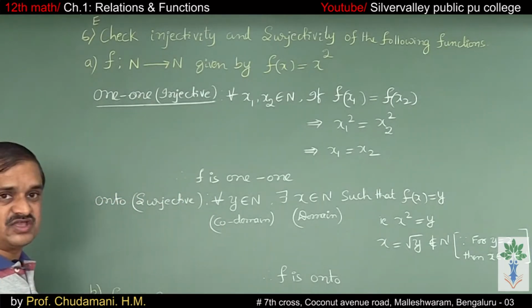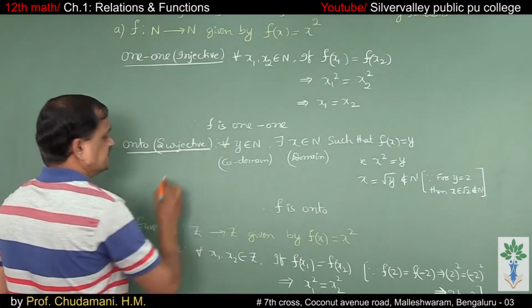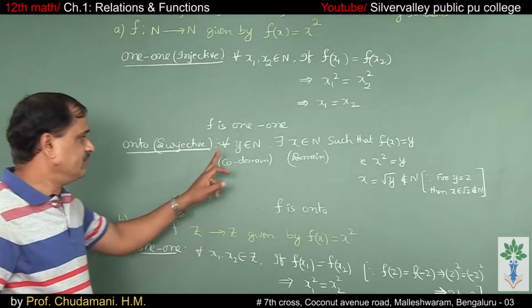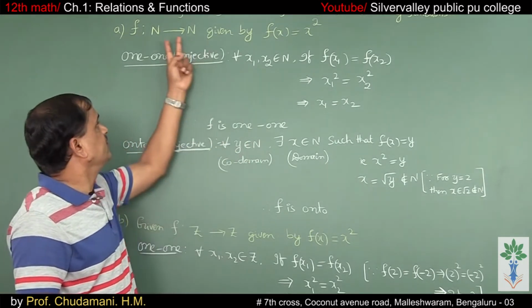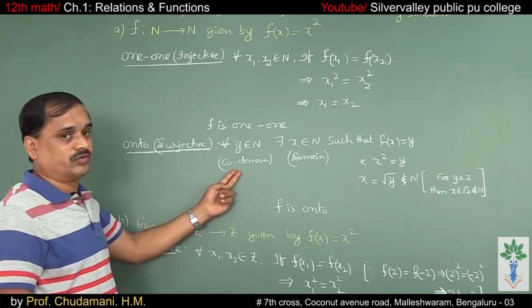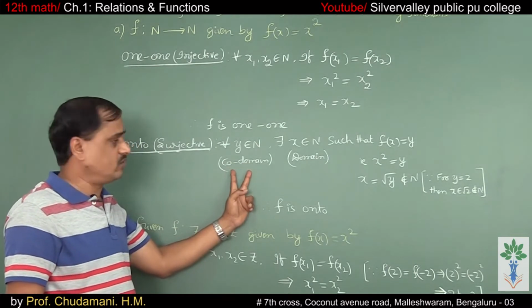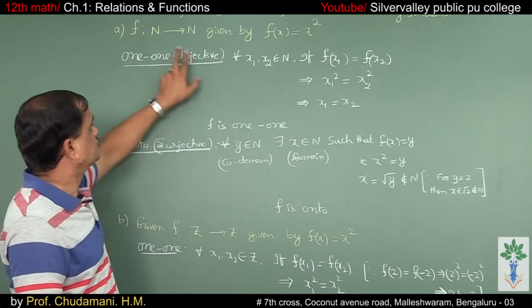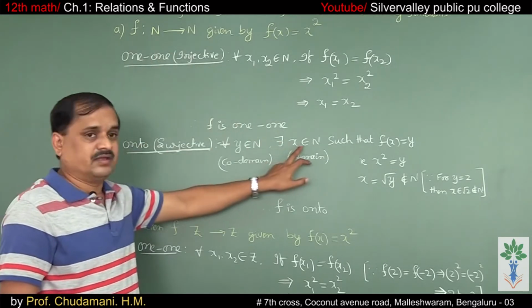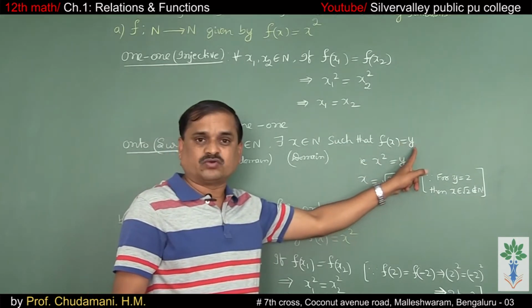That means injective function. Let us verify onto, that is nothing but a surjective function. For every y belongs to the set N, the codomain, there exists an element x belongs to the domain, natural numbers, such that f of x is equal to y.